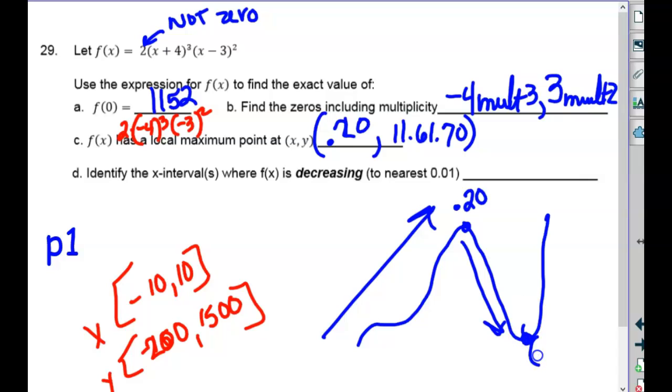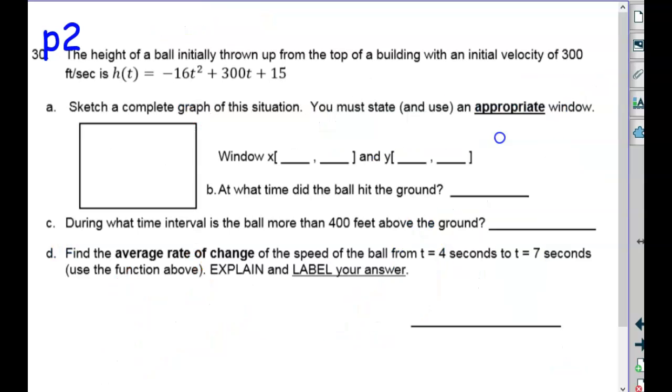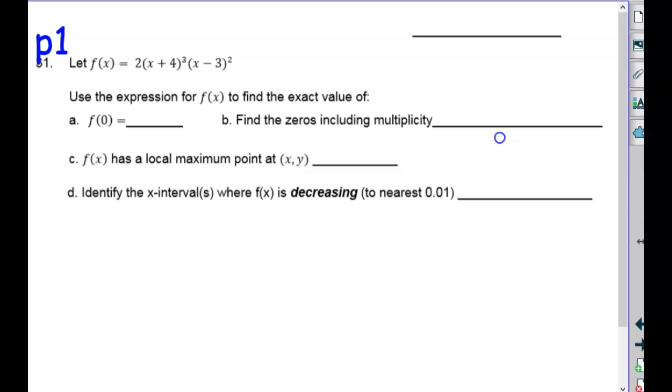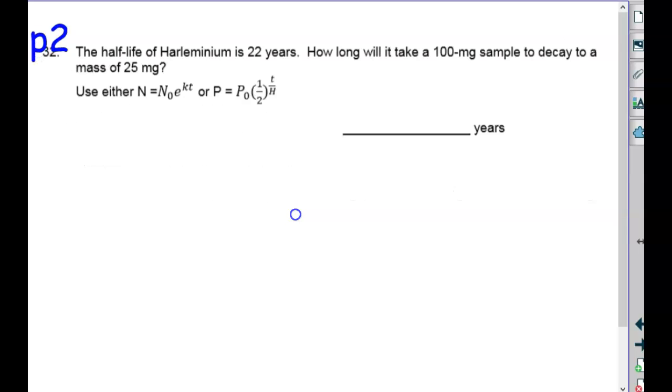This had a value of 3, 0. So the x value is decreasing from positive 0.2 to positive 3. Another one of these. I think you got this, guys.